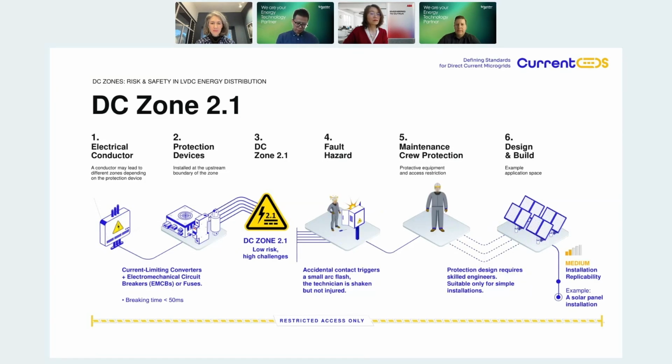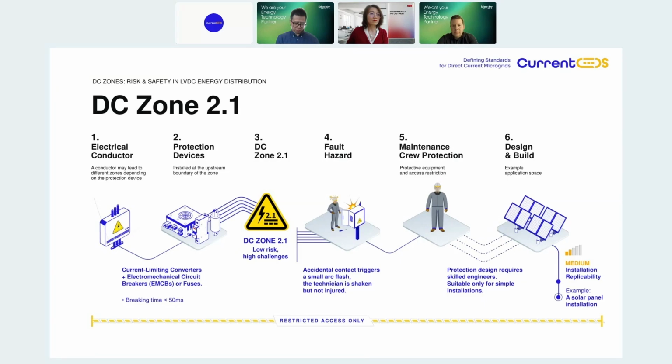This is zone 2.1. Again, there is limitation of the energy in case of a fault or short circuit. There are current limiting converters in this area, and there are electromechanical circuit breakers, just the mechanical versions, or fuses. There we are in zone 2.1, and the risk is again lower.